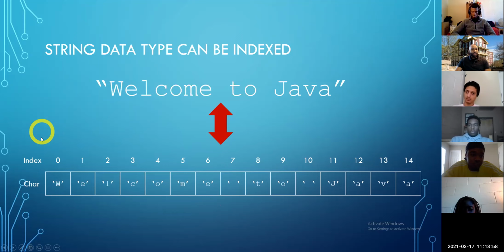Because we include 0 in these indices, we go to length minus 1. Overall, there are 15 individual characters, but our indices go from 0 to 14. So keep that in mind. That's important. Our indices always go from 0 to length minus 1. Overall length is 15. Indices go from 0 to 15 minus 1, or in other words, 14. Keep that in mind. That's very important as we talk about arrays later in the semester.